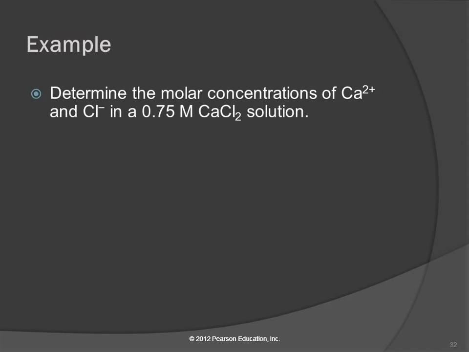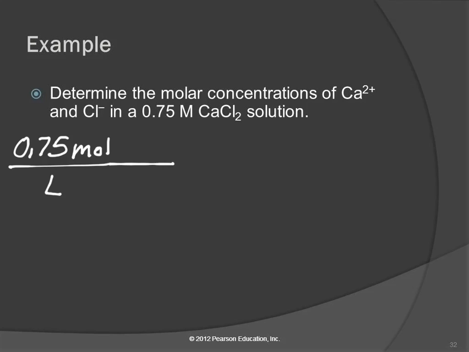So let's determine the molar concentrations of calcium and chloride in a 0.75 molar calcium chloride solution. Well, 0.75, what does that capital M mean? Moles per liter. Moles of what? Moles of water?